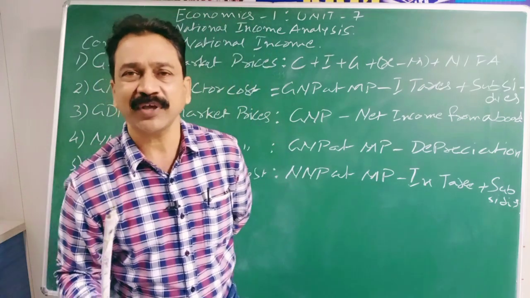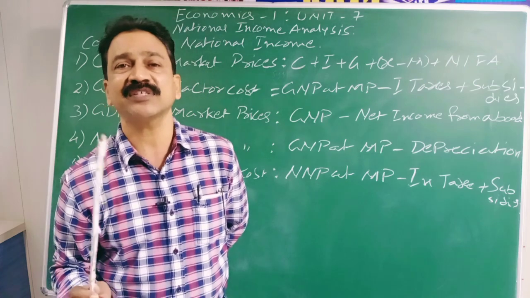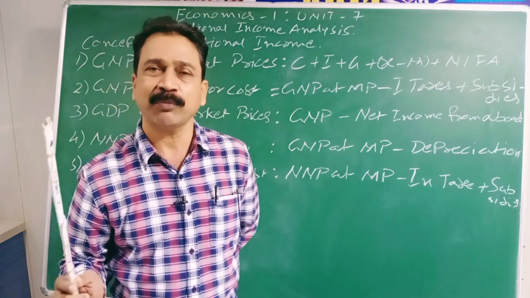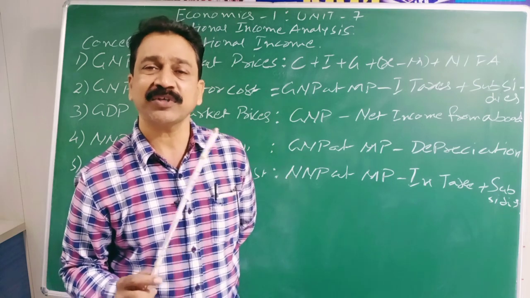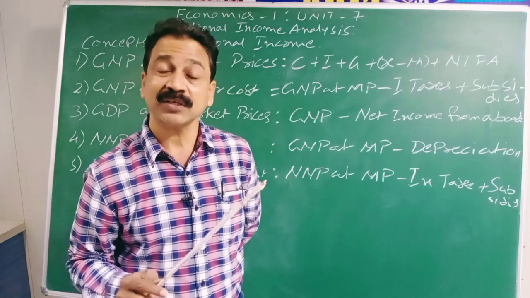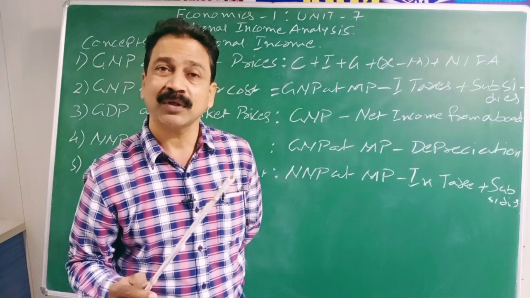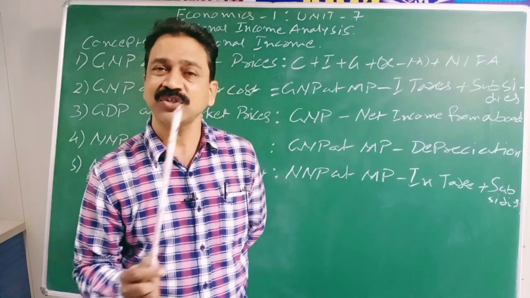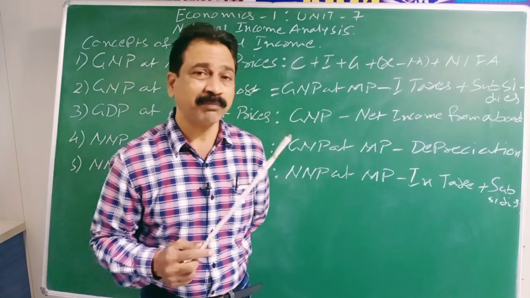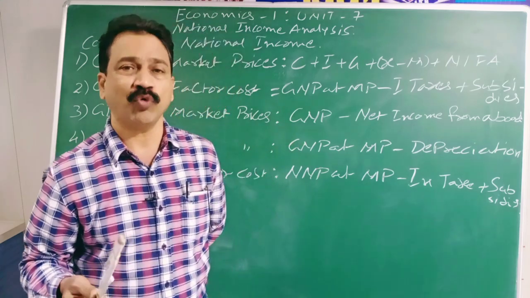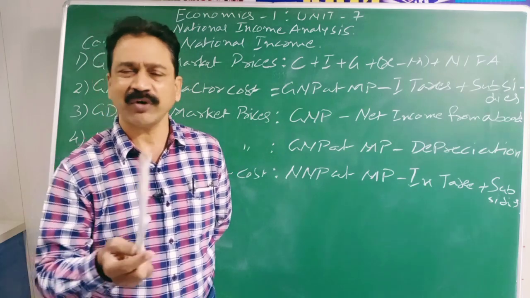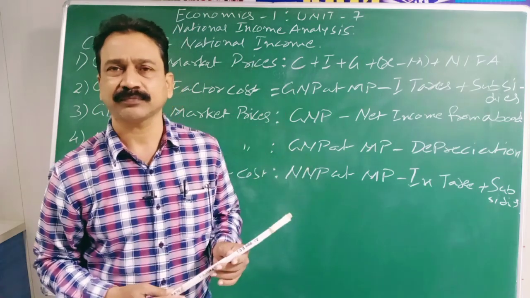GNP at market prices includes C plus I plus G plus X minus M plus net income from abroad: consumption plus investment plus government expenditure plus exports minus imports plus net income from abroad. This is GNP at market price. From GNP at market prices, if you remove indirect taxes, just now I told you all those indirect taxes.